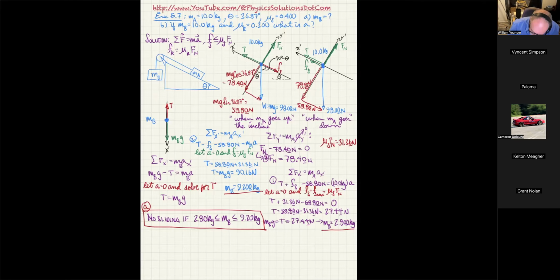So I'm going to start with equation 2, the equation for M sub A going up the incline, and instead of F sub S, I'm going to use F sub K. So let's say B, using 2, we have T minus F sub K minus 58.80 newtons equal to 10.0 kilograms, actually I should probably add an extra digit because I'm carrying an extra sig fig, kilograms times A. I'm going to call this equation 2 prime because it's a slightly different version of equation 2.